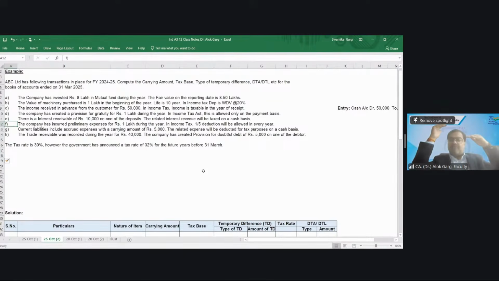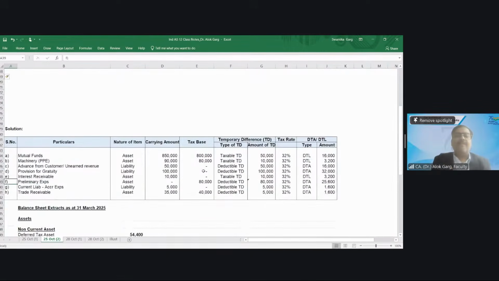What should I do? My asset is lower in the company's books. It is 0. What should I do? Increase the asset. Increase the asset means create a DTA. Yes, DTA. Many times students make a mistake in this question. They think that preliminary expenses have to be debited in the P&L on a 1/5 basis.